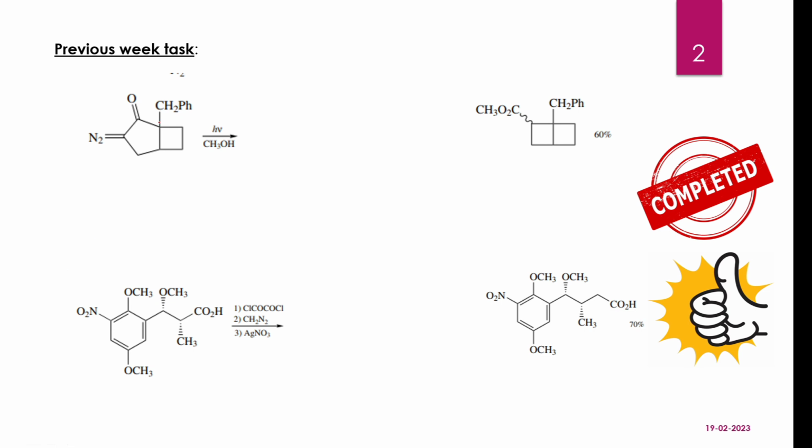In the last session I already taught you about the Wolff rearrangement. Still, I will try to explain that again. According to the Wolff rearrangement, when light is irradiated on it, N2 is removed from the system and it generates a carbene intermediate like this.